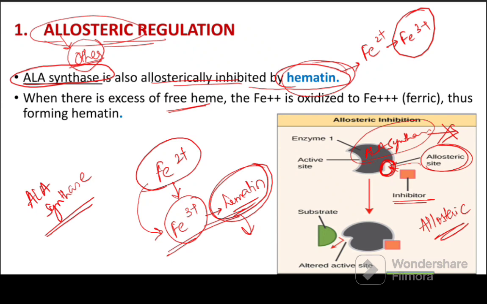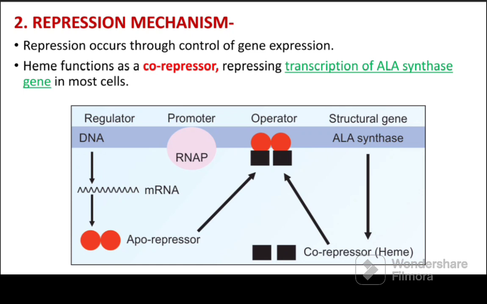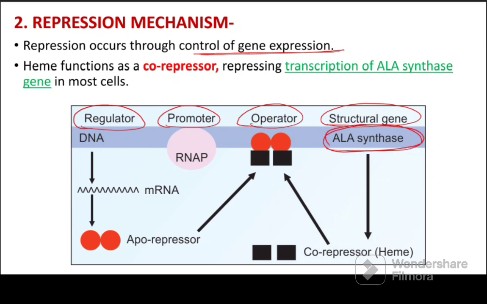The next type of regulation is the repression mechanism. Repression mainly occurs through the control of gene expression. In the gene there are different areas: regulator gene, promoter site, operator site, and then structural gene. During the synthesis of the synthase enzyme, the excess product of the pathway shuts off the synthesis.